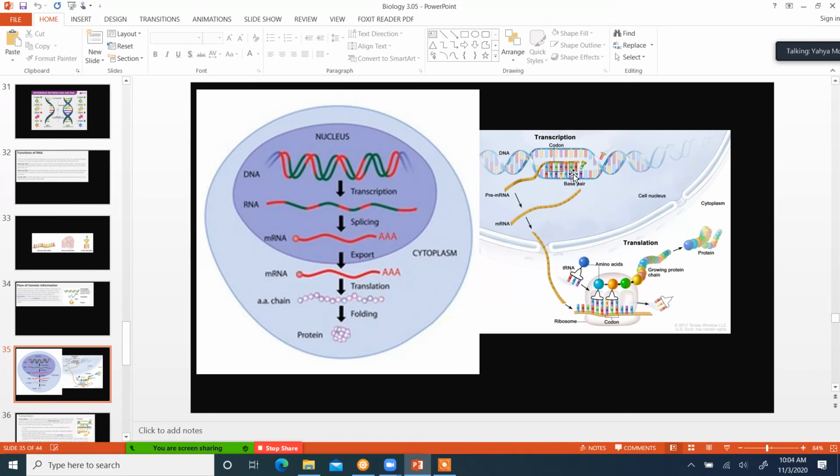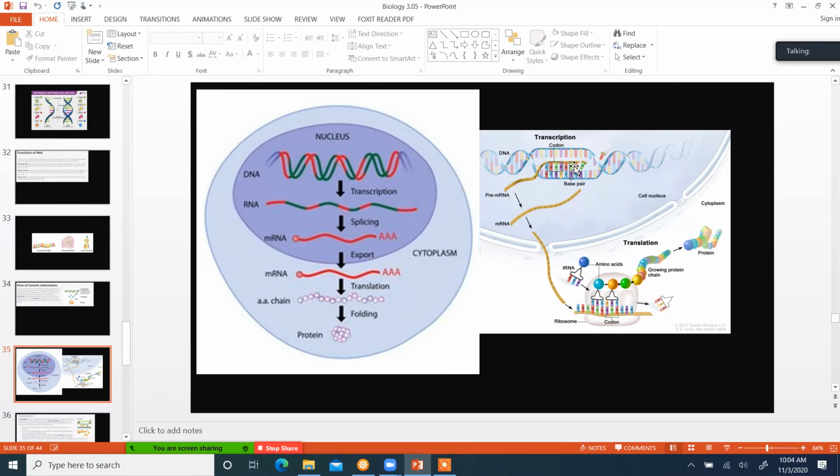Ribose versus deoxyribose, and it uses uracil and not thymine. So instead of copying another strand of DNA, it copies a portion of it into RNA.